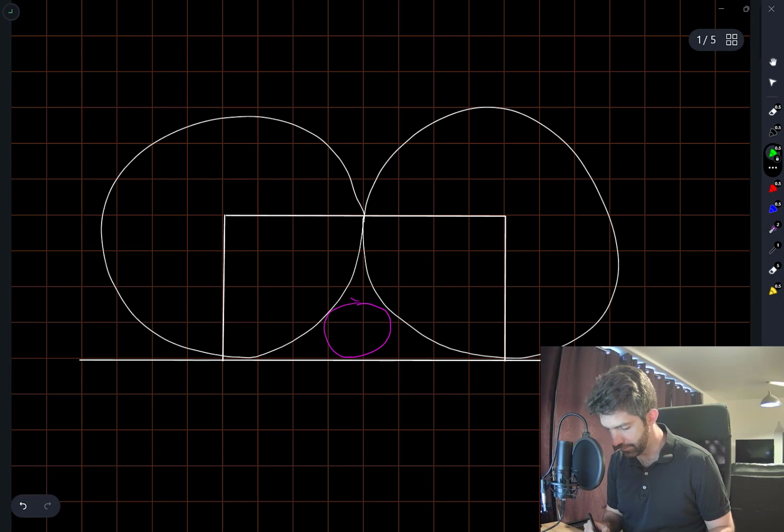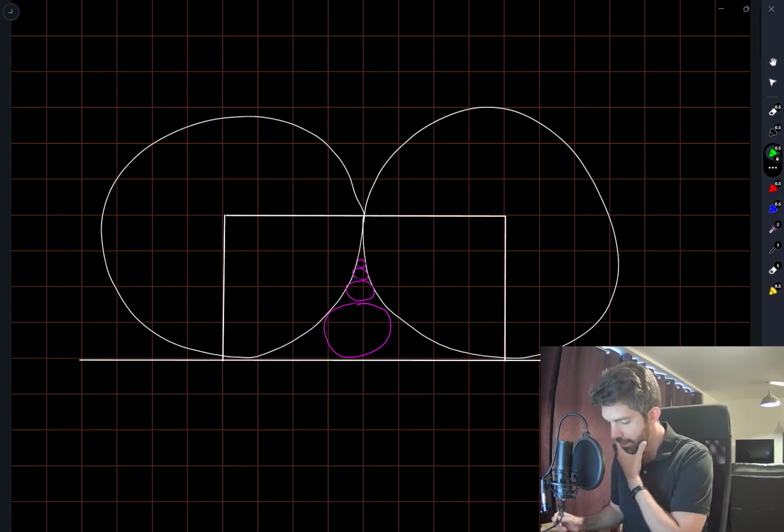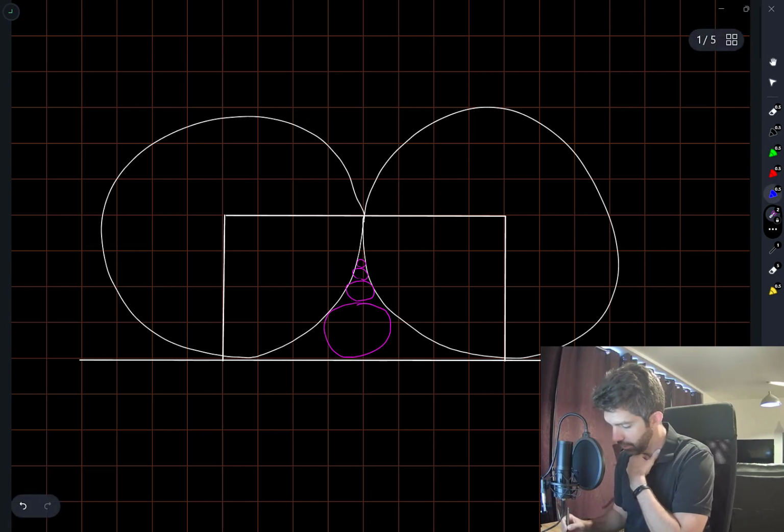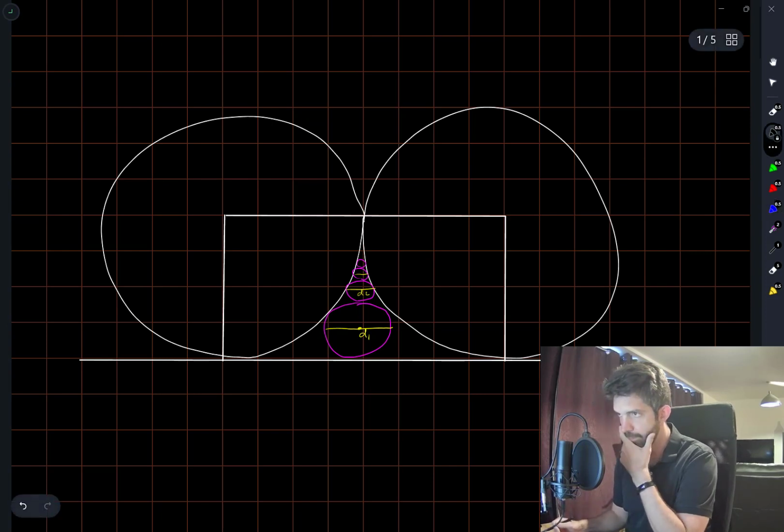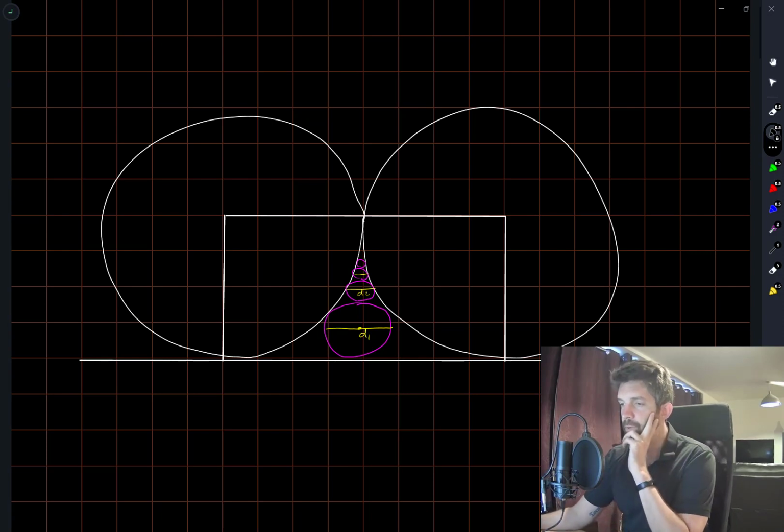And then we have circles built up like this. We'd like to find the radius or the diameter of each of these circles. So we'll call that D1, D2, that'll be D3, and so on. So what might be the best way to do this?